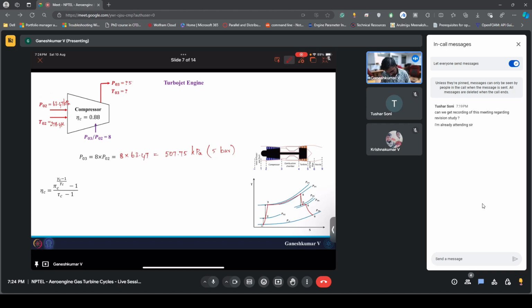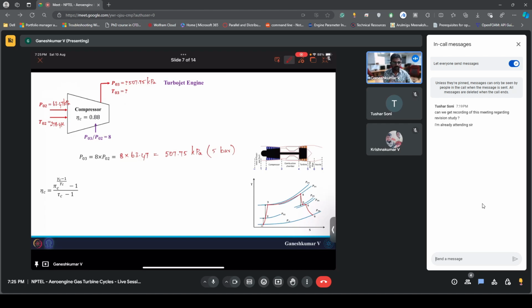So this is 507.75 kilopascal, and then we need to find temperatures. For temperature, we can use the efficiency of compressors equation, and we know the efficiency we obtained. If you have any doubts, you can stop me anytime and ask.